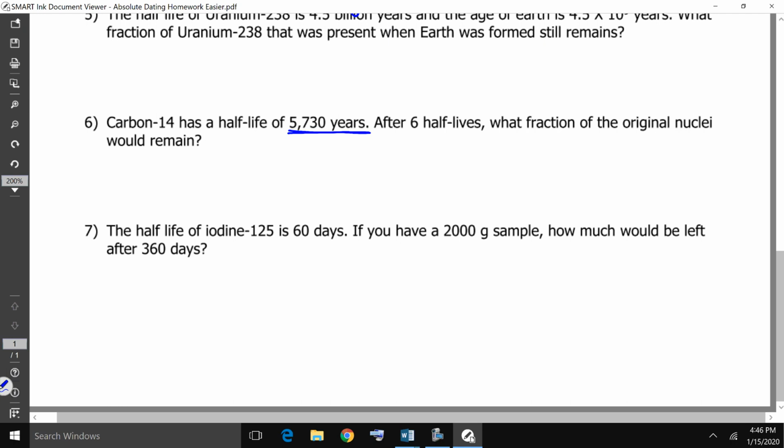So, again, I can use time 0. I have 100% or 1. If we're using fractions, it asks for a fraction, not a percent. So I'm going to put 1. 1 whole is what we have at time 0.